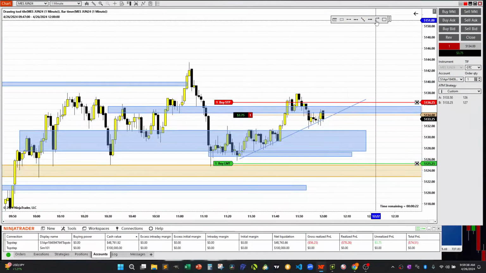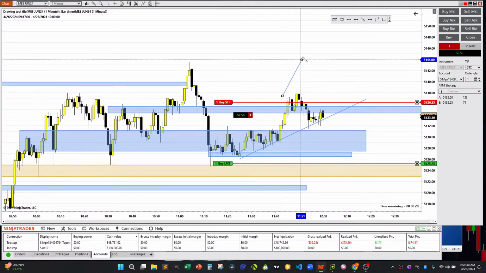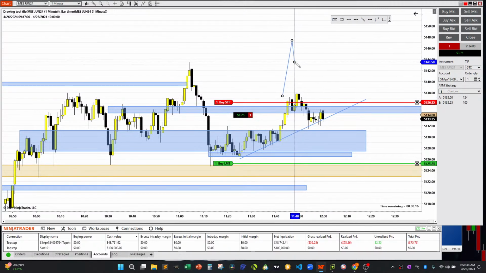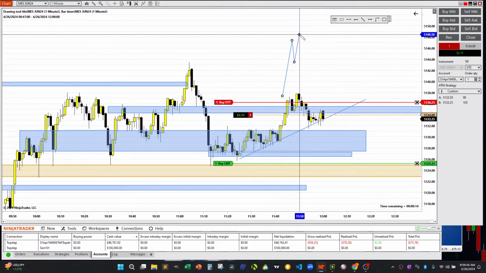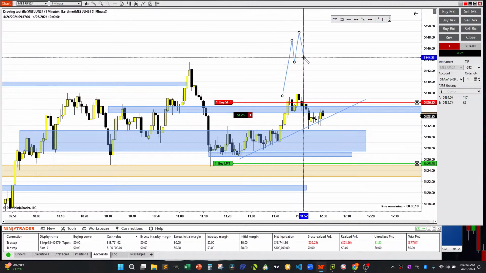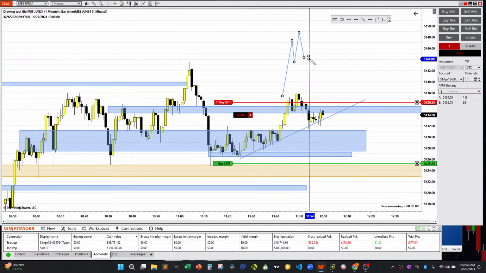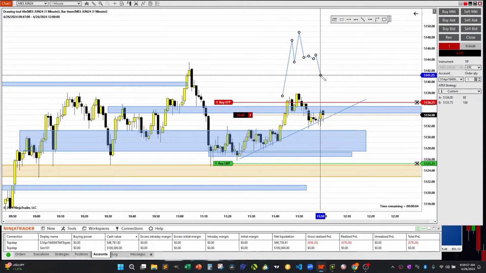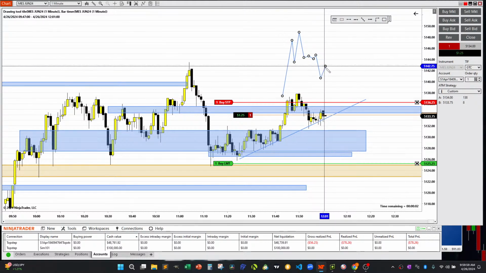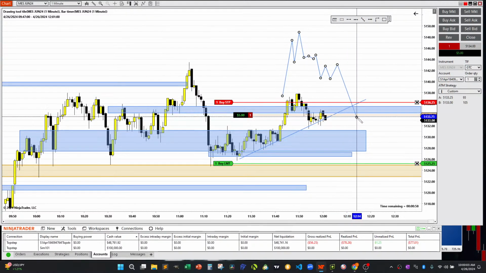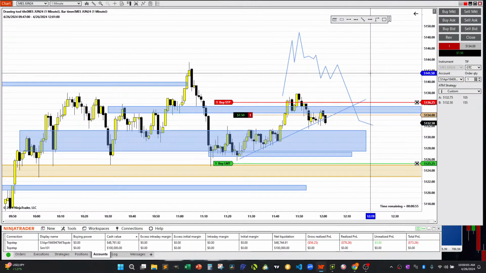So to kind of show that, we come up, we made a little bit of a resistance, a little bit of a support, and then we break well below that, come back up and show resistance, and then usually there's a large breakdown.